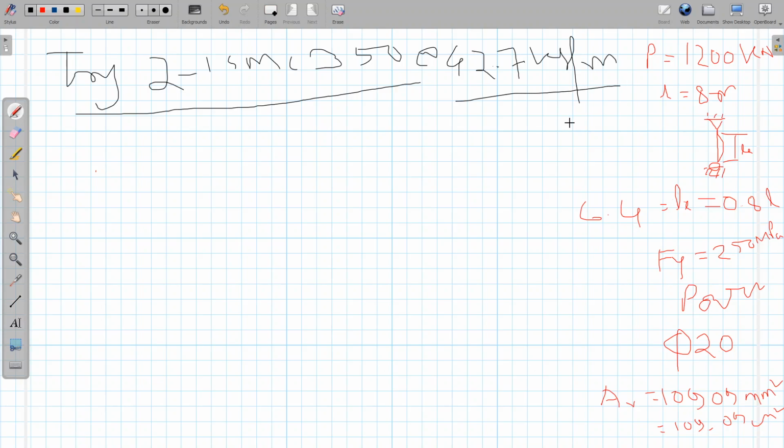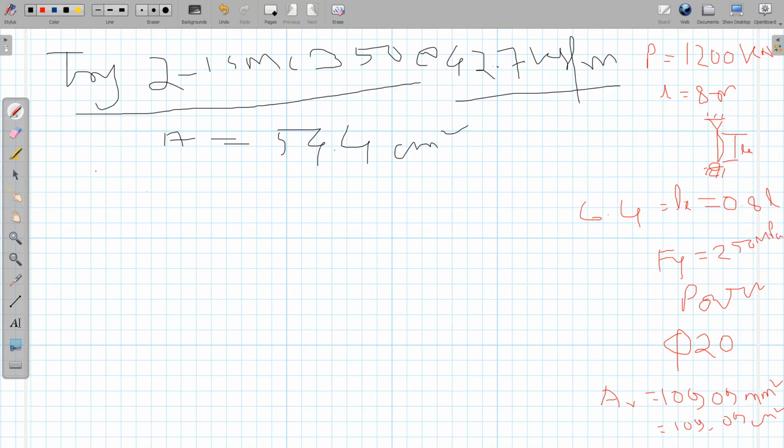Now we have to get the area of this section. In the steel table, the area of ISMC 350 is given as 54.4 cm square. So what is the gross area available?